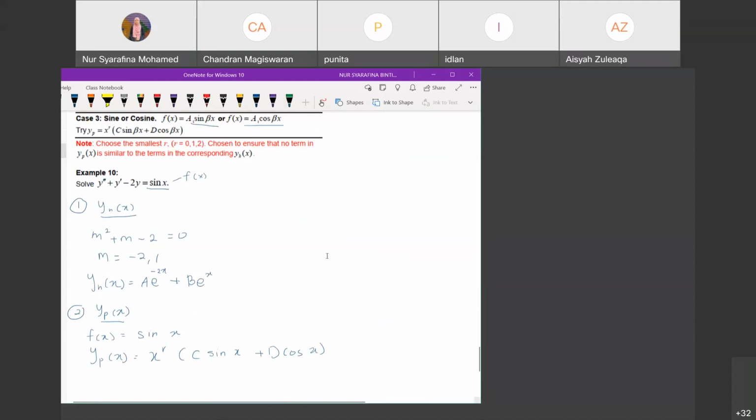And then what's next? What should we consider with this yp? Same process. You need to check the value of r. When r equals 0, then yp(x) equals C sine x plus D cos x. Now you have to check, is there any similar term with yh?